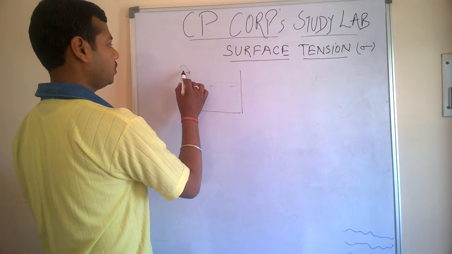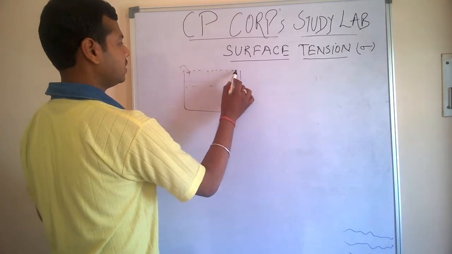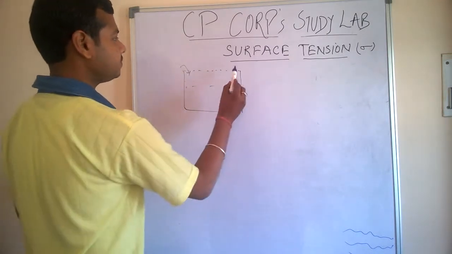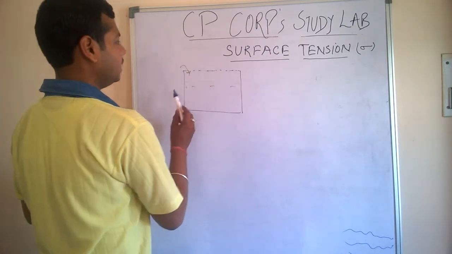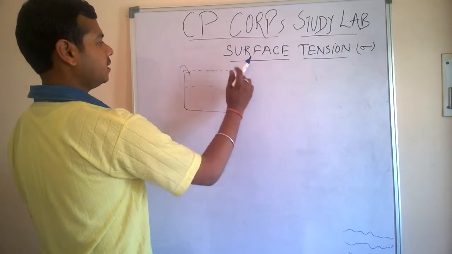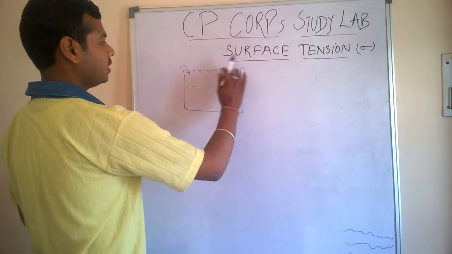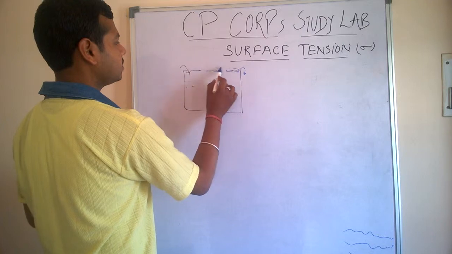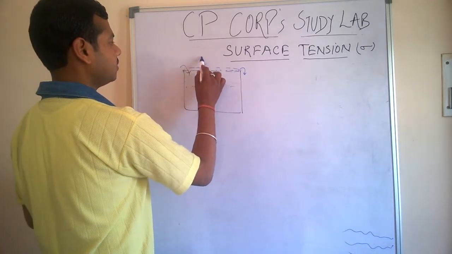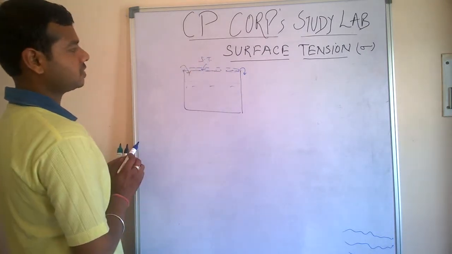Now put more water until the volume lies here. So what happens? A thin layer forms over this. The water couldn't drop down on its own, but it will form a layer. This is due to surface tension.